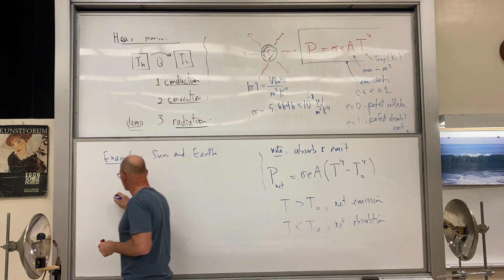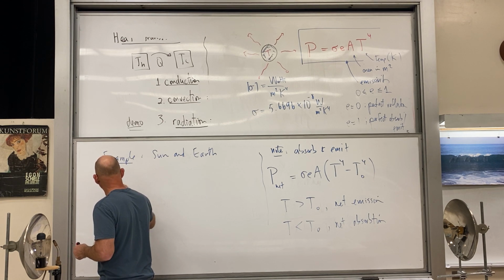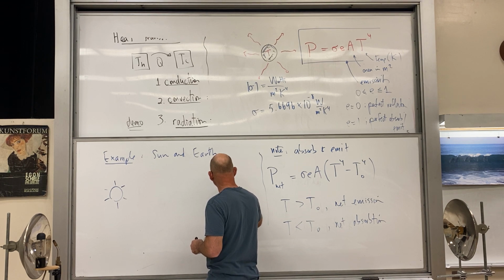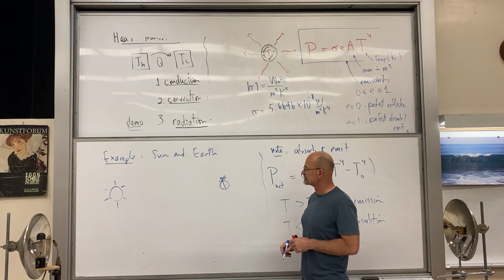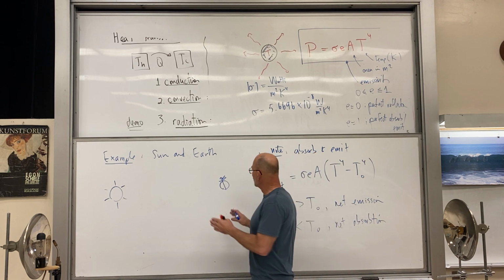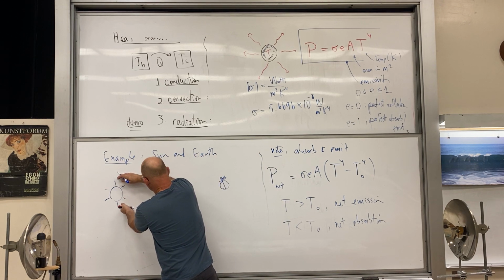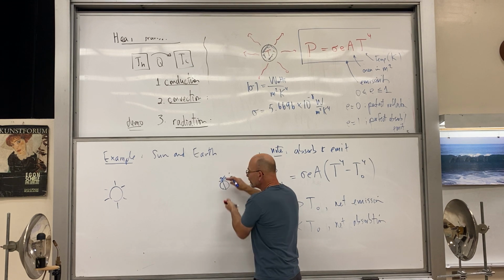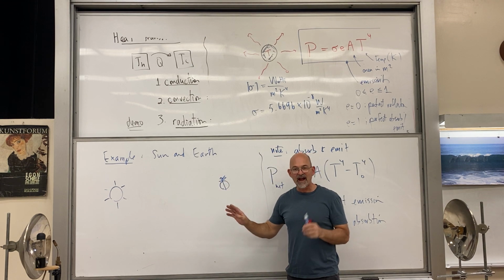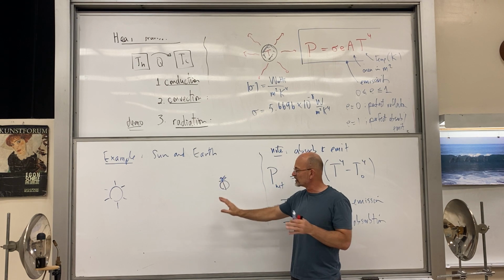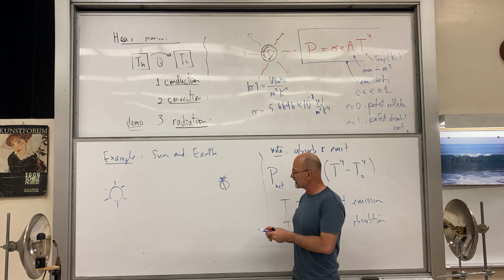So let's put the sun out here, and we've got the Earth over here, different size, but that's all right, rotating about its axis. And we've got the temperature of the radiation from the sun. We've got the Earth absorbing that, and let's say that's the entire heat source. There's no heated core of the Earth or anything. We're just going to talk about the radiation due to the sun.